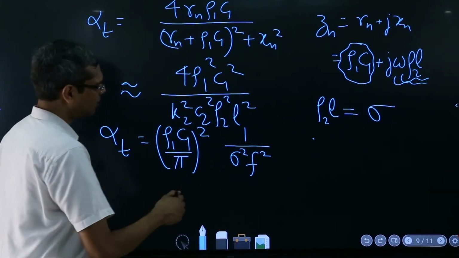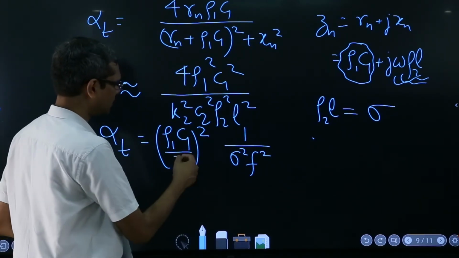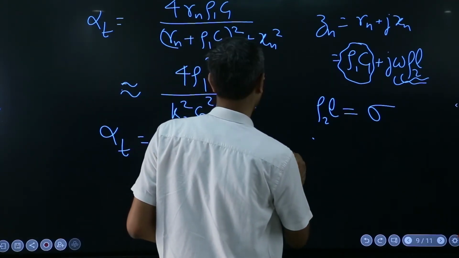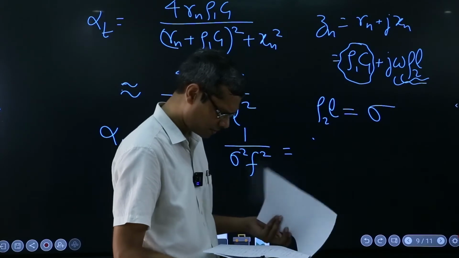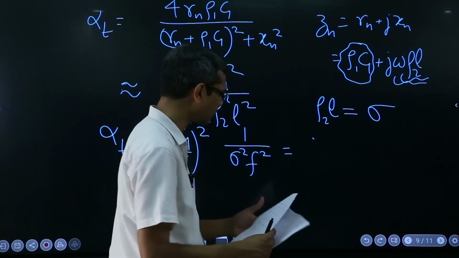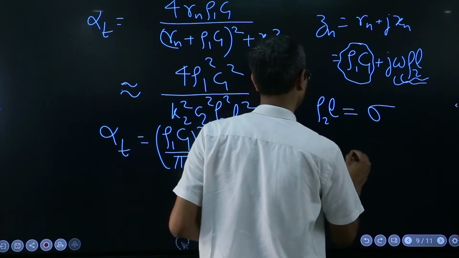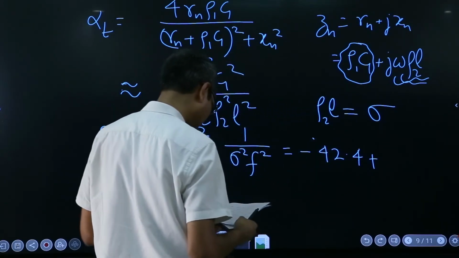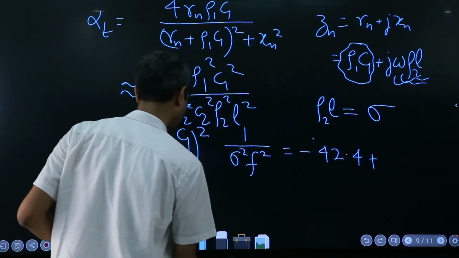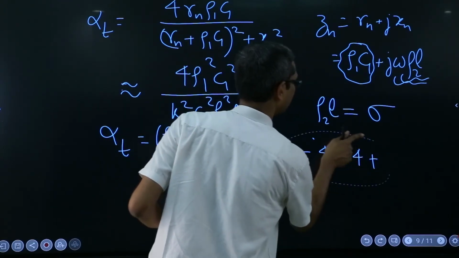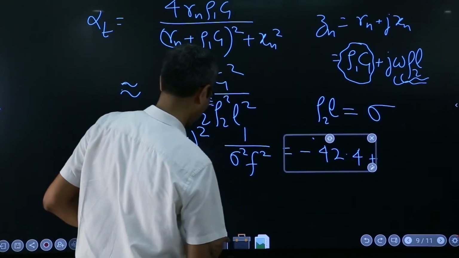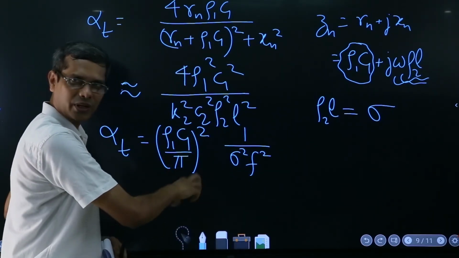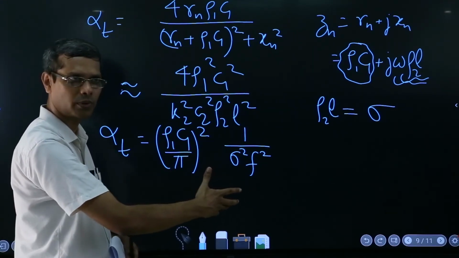And even generally for air, suppose you calculate this thing, they are constants, and you can write some number, I think it was 42 something, minus 42.4 plus, if you consider in dB, so not here, I'll write that not here. So this is your coefficient. You can write that in terms of dB, that loss, transmission loss.